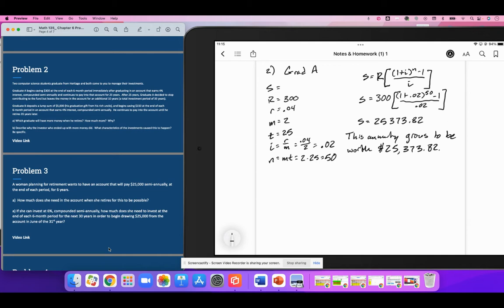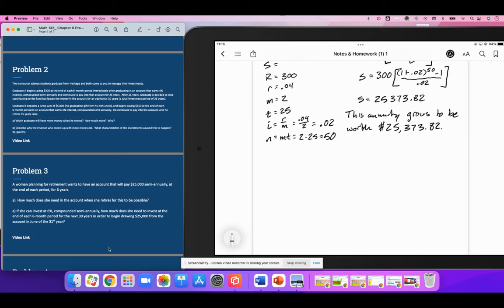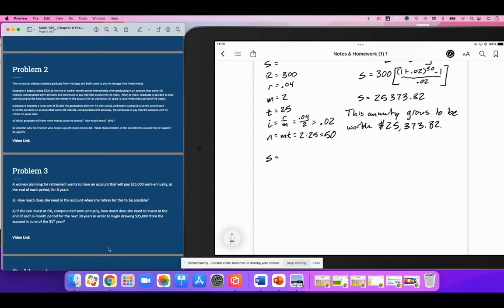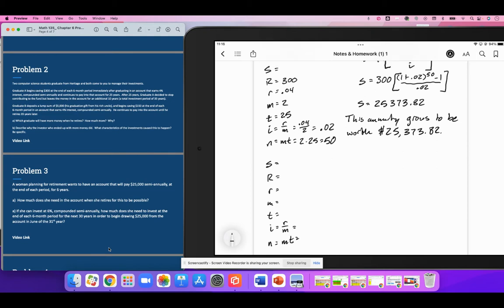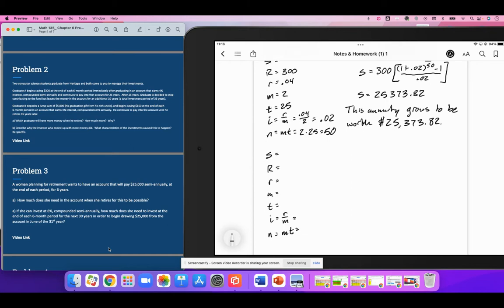And so now that we have stopped making contributions, this is no longer an annuity. It's just going to grow by compound interest. And so we've got S again. Okay. And we have an initial value, so a starting value of 25,373.82.